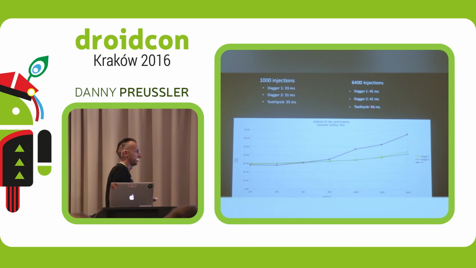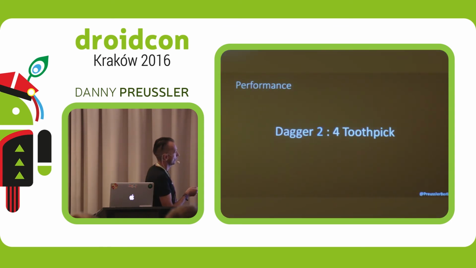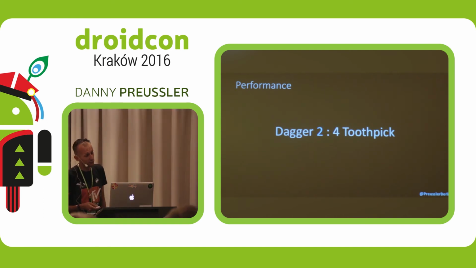If you have a really big app, Toothpick is really a bad choice. Dagger 2 really is the winner if you need a lot of injections. And if you really need a high-performance app, Dagger 2 is the winner overall. So Toothpick is more something to compare to Dagger 1. So that's definitely a point for Dagger.